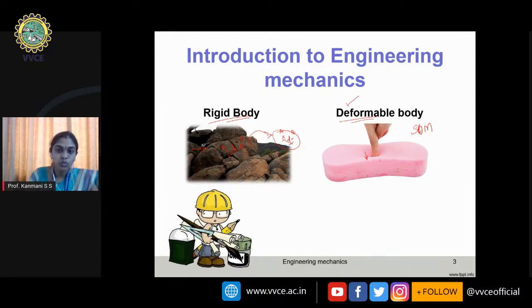This is the actual truth of every body, every matter in this universe. But to a certain extent we assume that the body is well within the proportionality limit and we take that as a rigid body. So in this complete 1.5 hour session, I'm not going to consider deformable bodies. I'm going to talk only about rigid bodies.